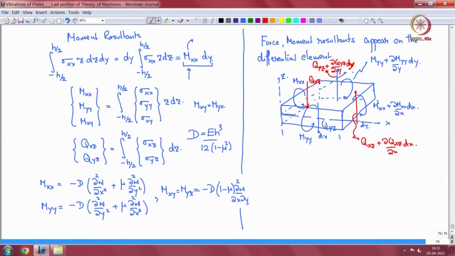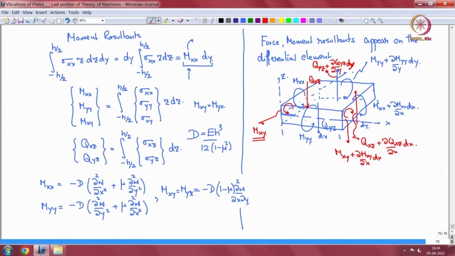Okay. So on this face we'll have, this way these are the x faces. So I have mxy, mxy plus del mxy by del x dx.